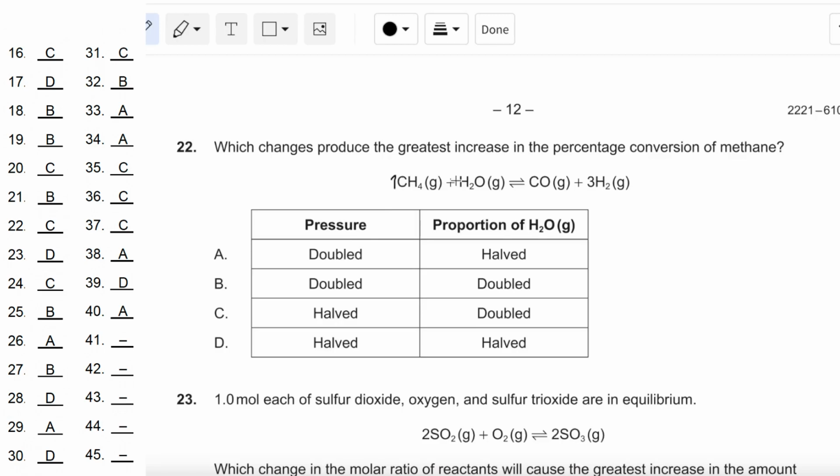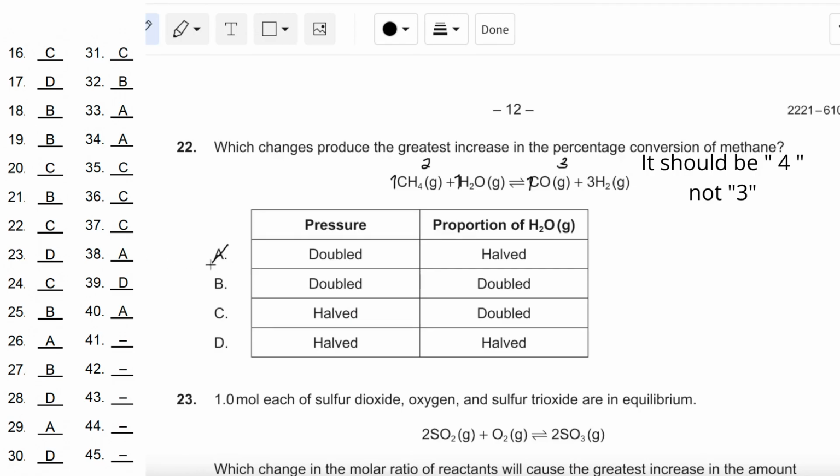Here is 1 and here is 1. Here is 1 and then here is 3. The total on the left side is 2 and on the right side is 3. The right side has more volume of gas. Thus, to increase the percentage conversion of methane, you need to lower the pressure.